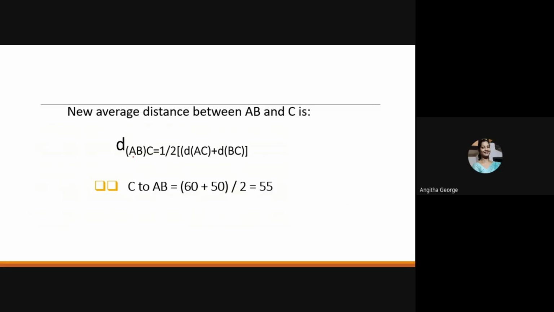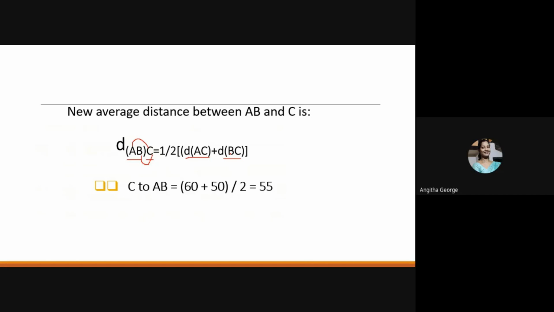So we group it and find the distance between AB and C. That is equal to the distance between A and C plus the distance between B and C, divided by 2. So the distance between AB and C is equal to 1/2 of the distance between A and C plus the distance between B and C.